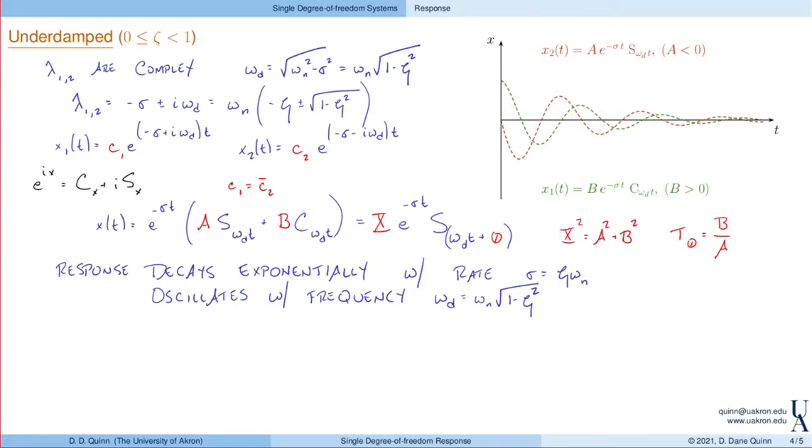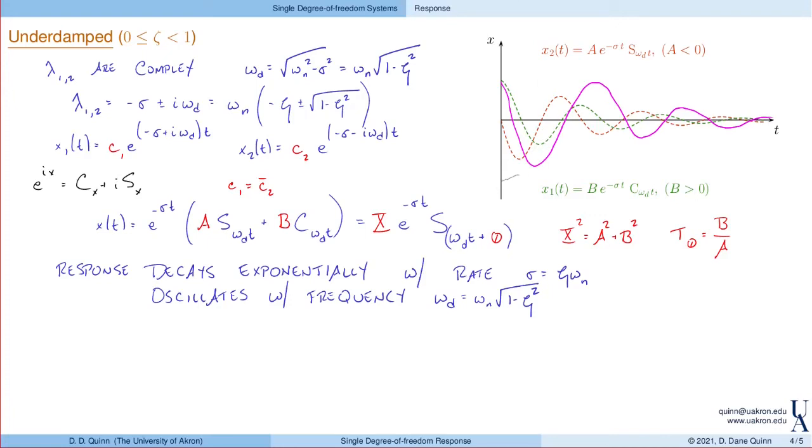So if I combine these two, basically I add them together to get the overall response. And the overall response will look something like this. Right, so it decays exponentially with the same frequency, but a different amplitude.